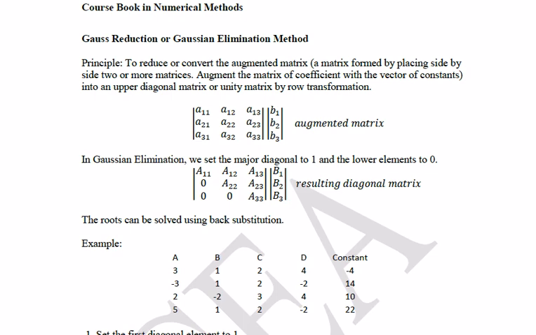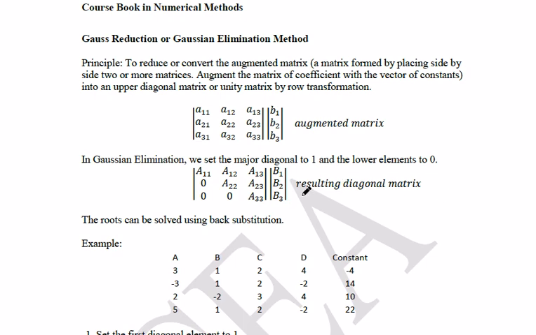So here, this is an augmented matrix. For example, these are the elements in the matrix, and we will augment it by the values of the constants. In Gaussian elimination, we set the major diagonal to 1 and the lower elements to 0.